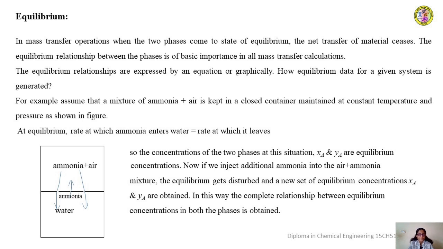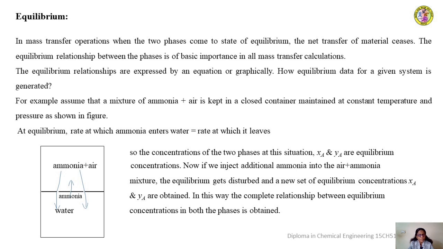As time progresses, the rate at which ammonia enters from air to water will go on decreasing and the rate at which the ammonia molecules enter from water to air goes on increasing. Finally, a stage will be reached when the rate at which the ammonia enters from air to water will be equal to the rate at which the ammonia enters from water to air. This is a state of equilibrium where the net rate of transfer of ammonia will be zero.